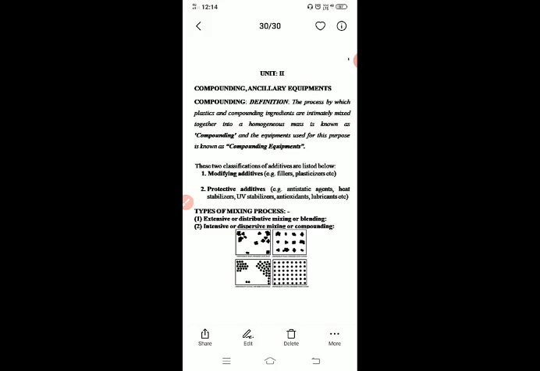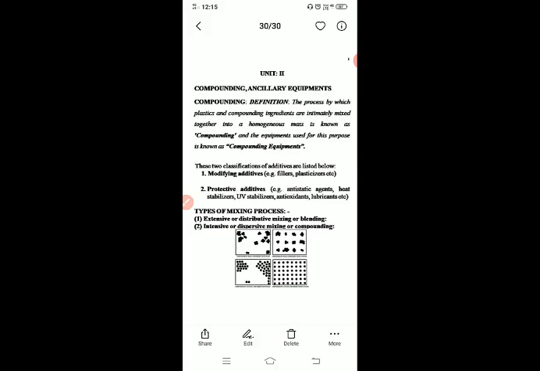So at least we should add colorants to these plastics in order to convert them into highly serviceable products. So in order to make them highly serviceable products, we will be adding various ingredients. These ingredients are called compounding ingredients. Example: fillers, plasticizers, UV stabilizers, heat stabilizers, anti-static agents, antioxidants, lubricants, etc.